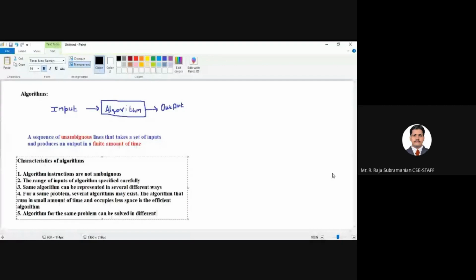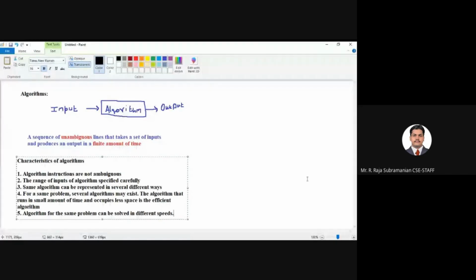So this is what we are going to do, the characteristics of an algorithm. So what are the characteristics? Number one, algorithms are not ambiguous. Statements should be very clear, simple English, no programming syntax should be involved. Second one is the range of inputs should be specified very carefully. If not specified carefully, then you'll be getting an error. Third one, same algorithm can be represented in several different ways.